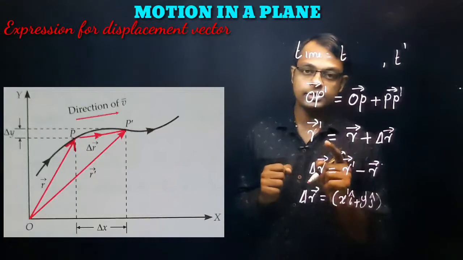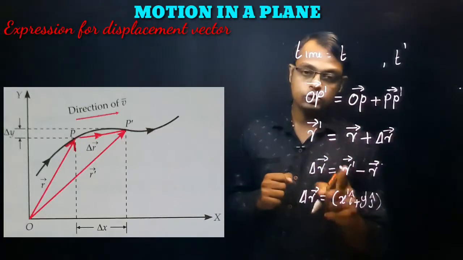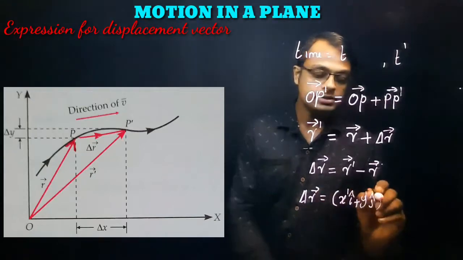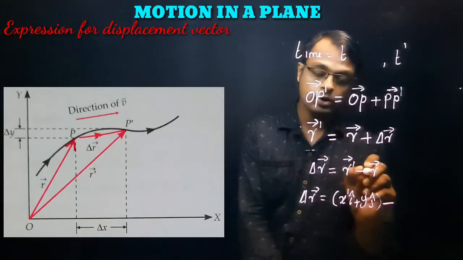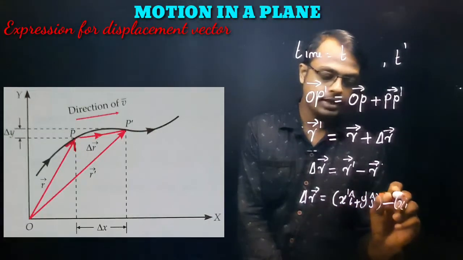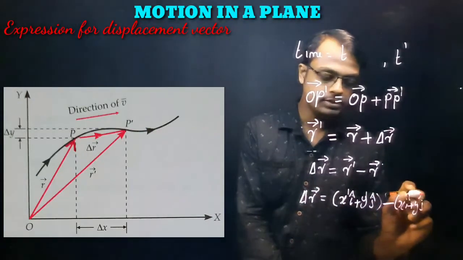That is a position vector. R dash has two components, x dash i cap plus y dash j cap. In the same way, we have the component for R vector also, right? So we can write x i cap plus y j cap.